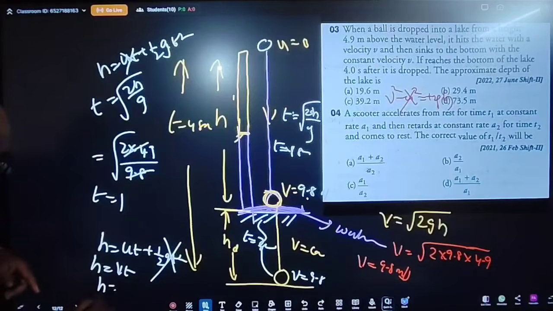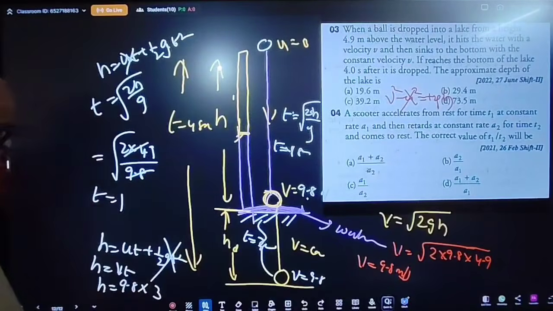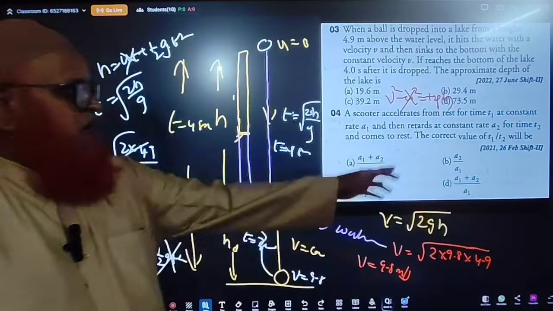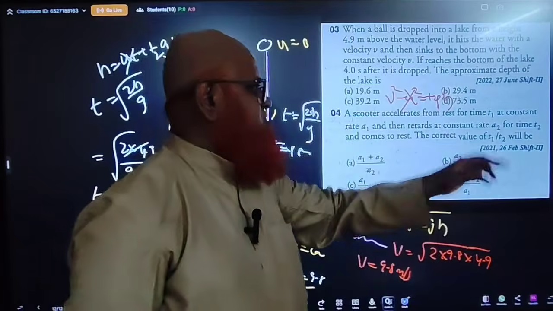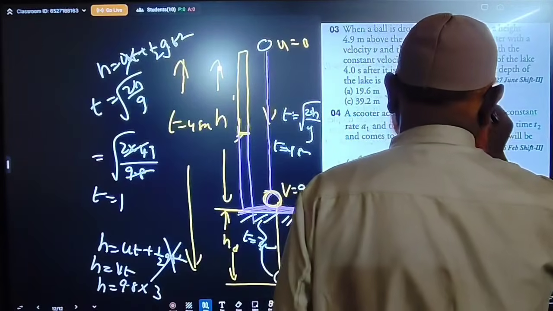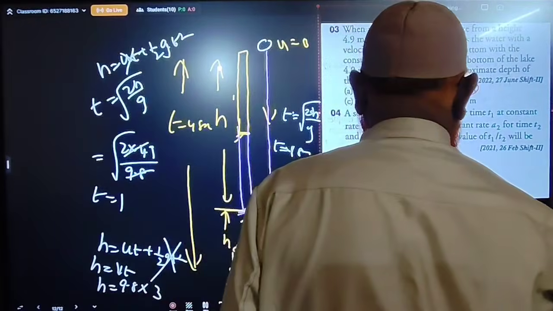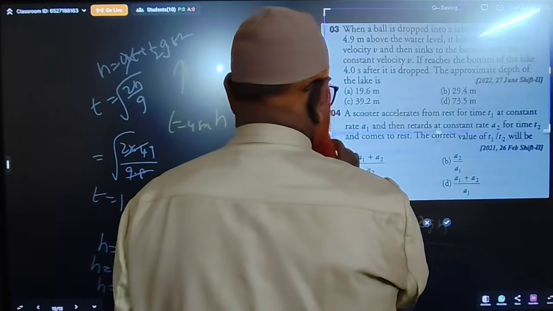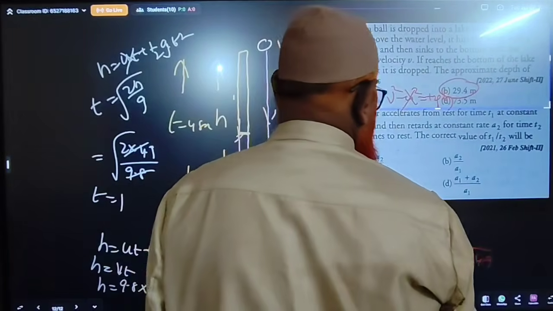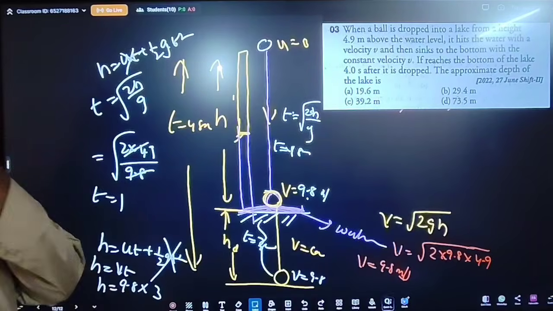So h is equal to v, which is 9.8, into t, which is 3. 3 times 8 is 24, so 29.4 is your answer. This is going to be your answer, the fourth option. Now let us go for the next problem.